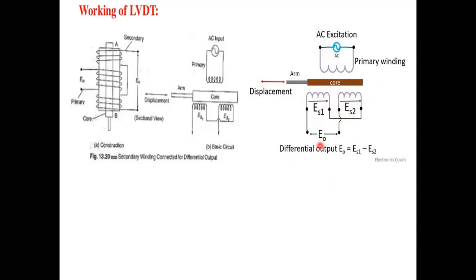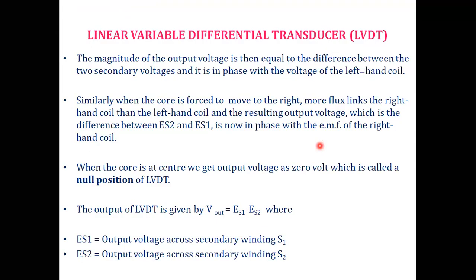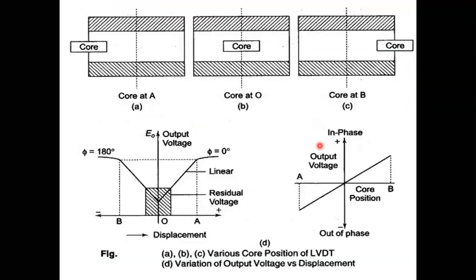At point A, if the core material is more across the left-hand side, then the phase angle is 0 degrees. If the core material is moved towards the right-hand side, then ES2 is greater than ES1, and the phase angle is 180 degrees.